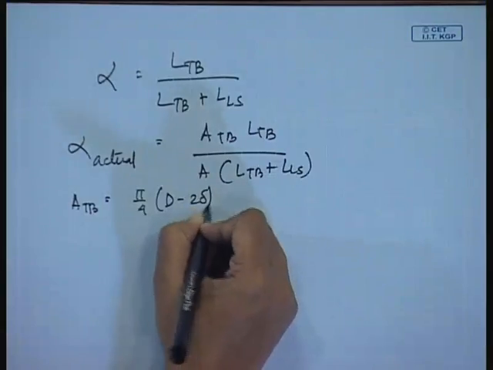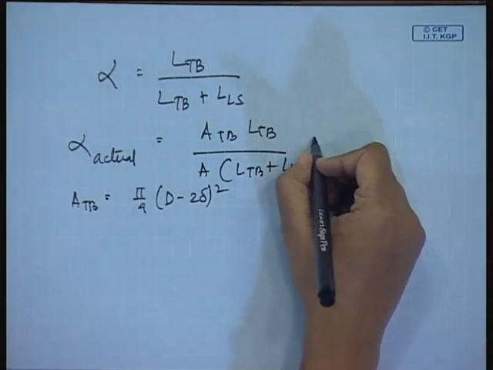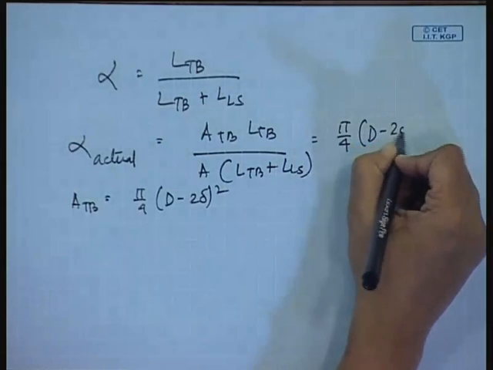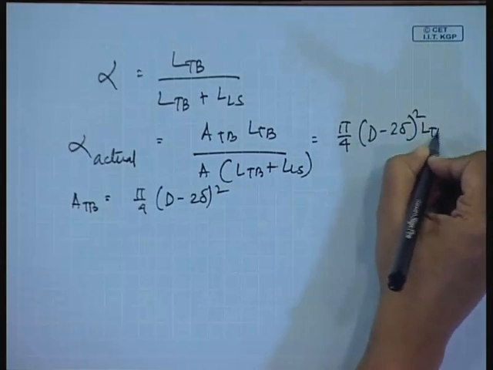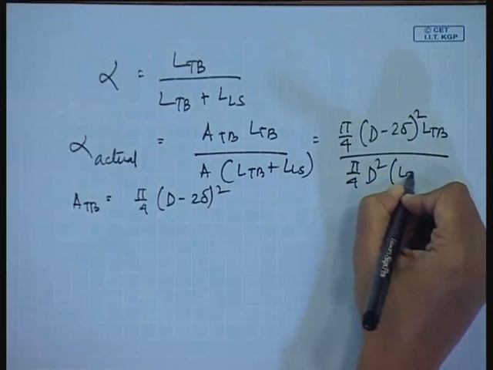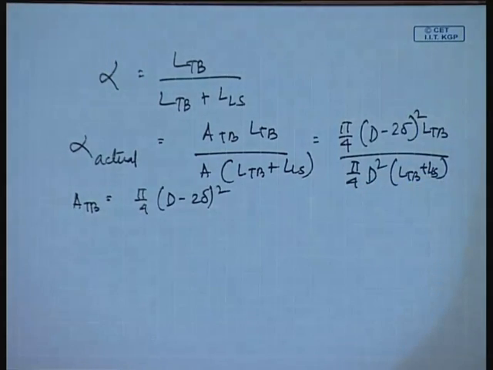Let us take the film thickness to be delta. Then in that case, what is A_TB equal to? A_TB will be equal to pi by 4 into (d minus 2 delta) whole square. Yes or no? Or in other words, this is going to be pi by 4 (d minus 2 delta) whole square L_TB by pi by 4 d square into (L_TB plus L_LS). Yes or no? Do you agree with me?